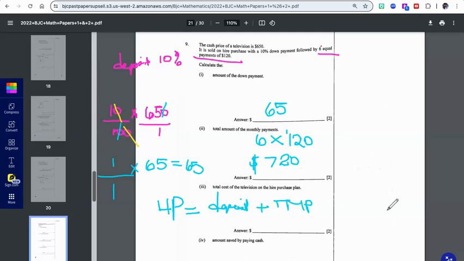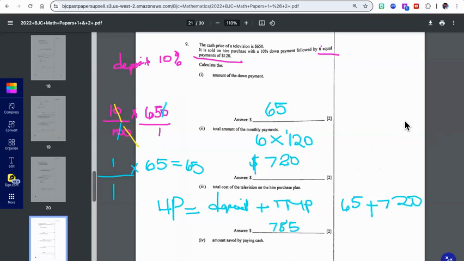So we add our deposit, which is $65, plus our total monthly payment, which is $720. What should we have? $785. Good. $785.